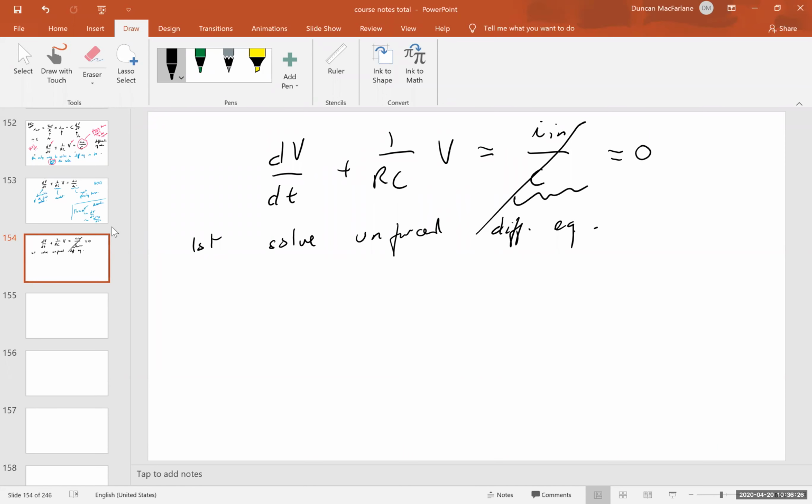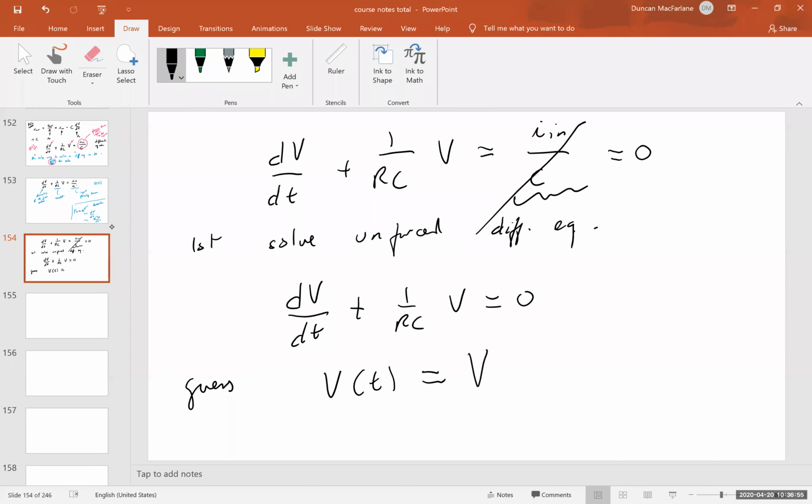So I now have the unforced equation, dv dt plus 1 over RC times V equals 0. And I want to guess V of t. And what I'm going to guess is it's going to be some sort of a voltage e to the minus alpha t. Okay, this is just a guess.